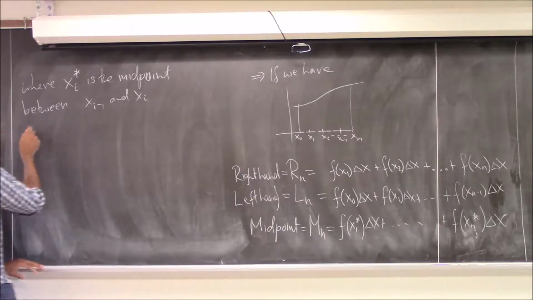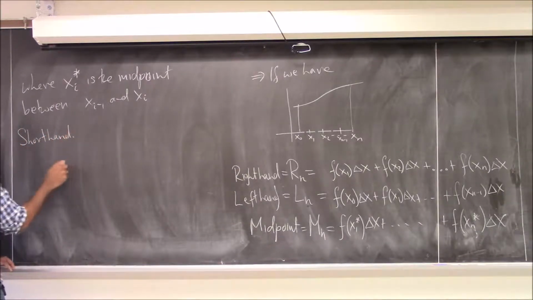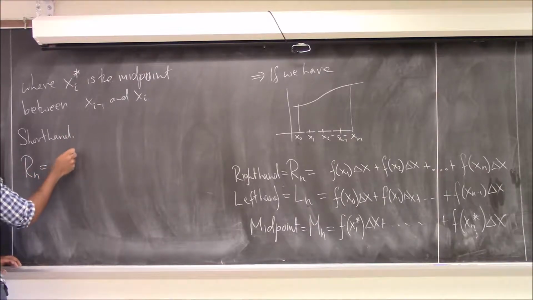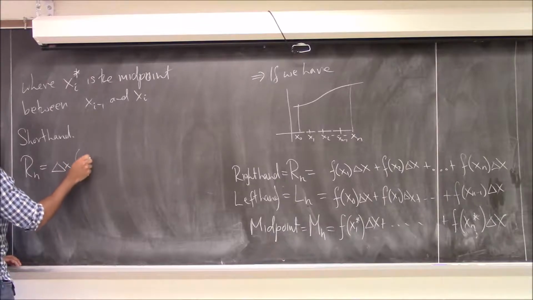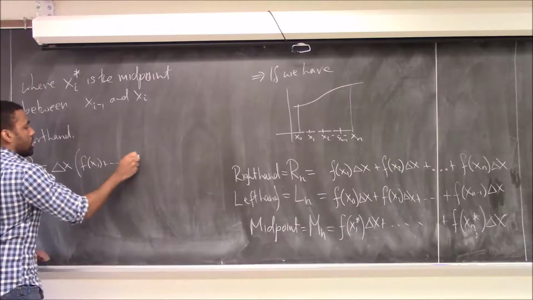We can write this shorthand. One thing you can do is factor out a delta x and multiply by all the f's, f of x1 plus through f of xn.